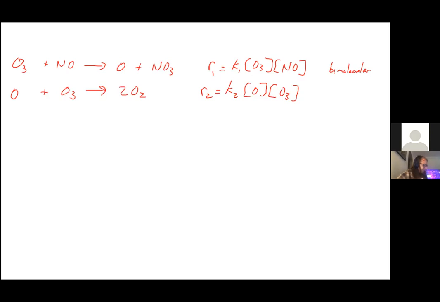In the first step, you've got a 1 and a 1 for the two reactants. 1 plus 1 is 2. That's bimolecular. For the second one, 1 plus 1 is 2, so this one's also bimolecular. Now we got a third step. By the way, some mechanisms have like 10 steps. We're not going to do those ones.